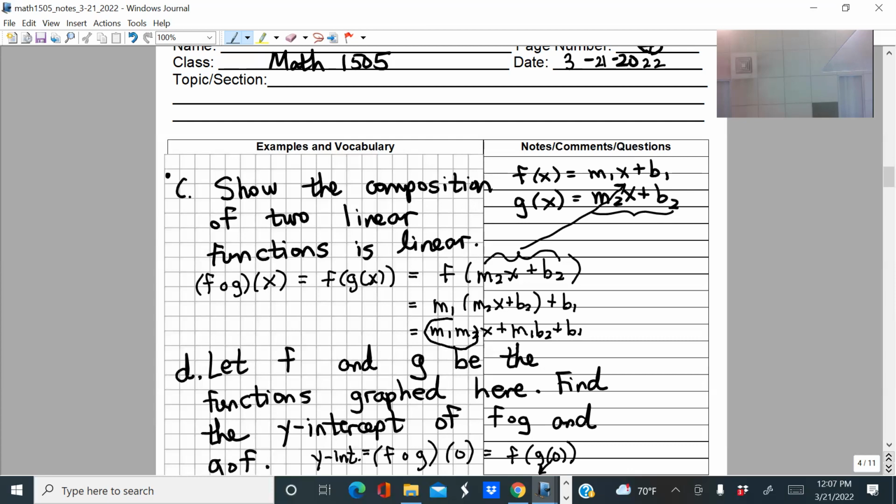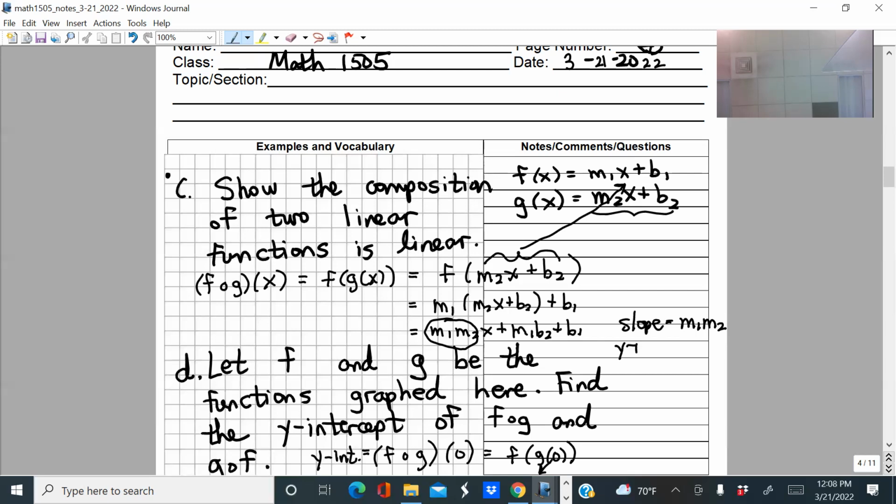That's right. m1 times m2 is just a number, so you have this number times x. So the slope of this composition function is m1 times m2. The product of the two original slopes gives you the slope of your composition function.